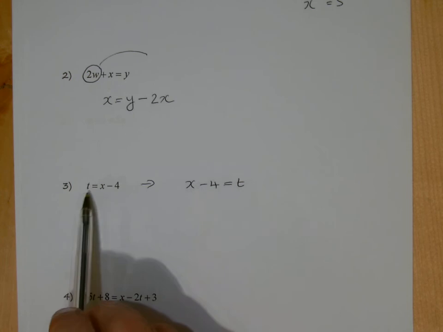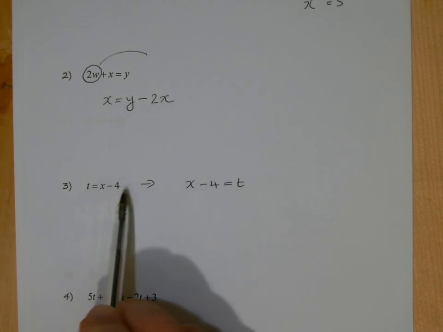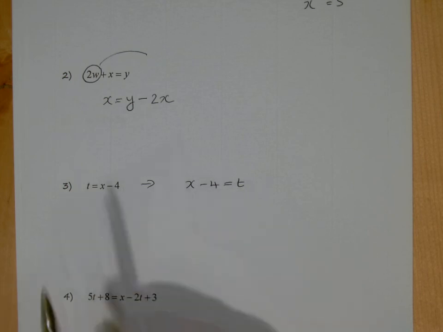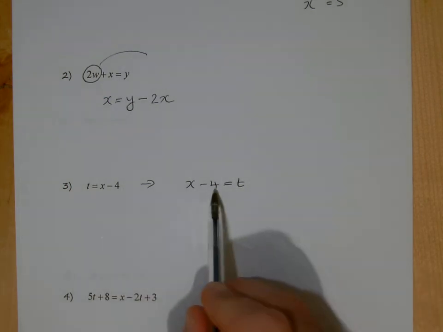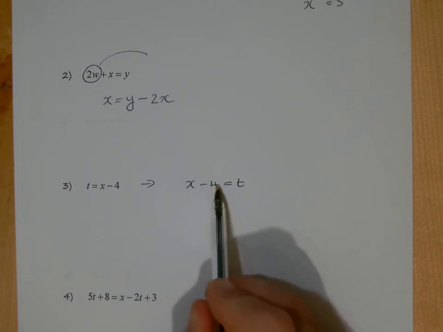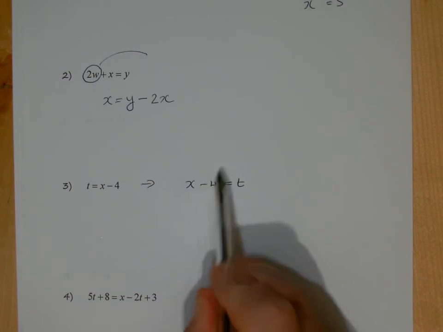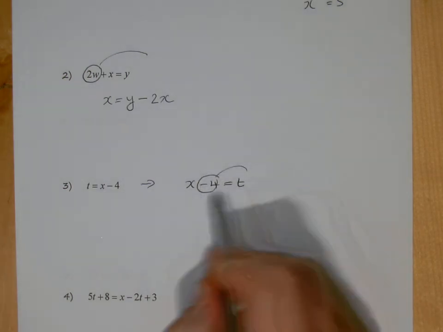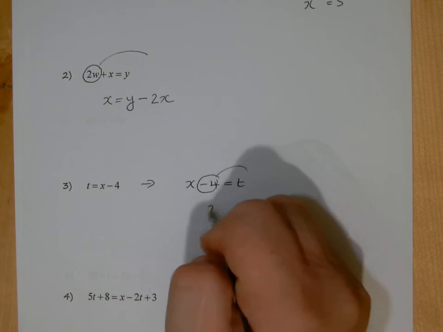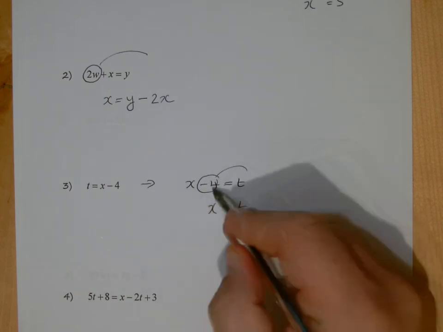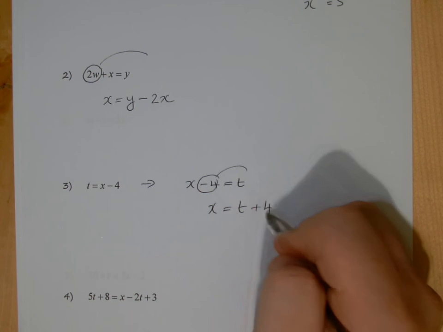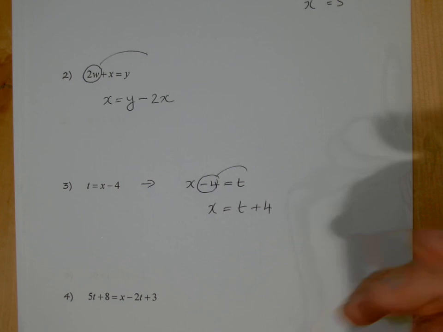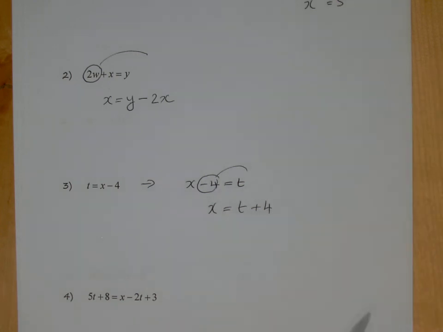There's nothing wrong with that: if t equals x minus 4, then x minus 4 is equal to t. It's much easier to deal with, because to get x on its own I take that minus 4 over and do the opposite. When I take it over, it goes from a minus to a plus. So I'm left with x here, t there, and it becomes a plus 4. And there you go, I've made x the subject of the formula. I've rearranged the formula to get x equals.